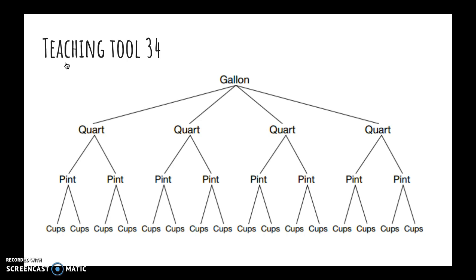And a pint is equal to 2 cups. So in 1 gallon, we have 16 cups. So take a look at this teaching tool and feel free to rewind the video or pause and go back to this so that you can continue with the PIBL.